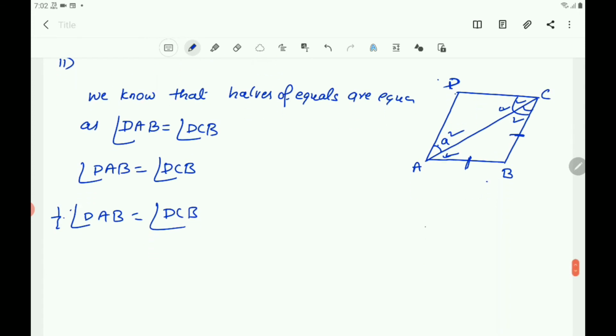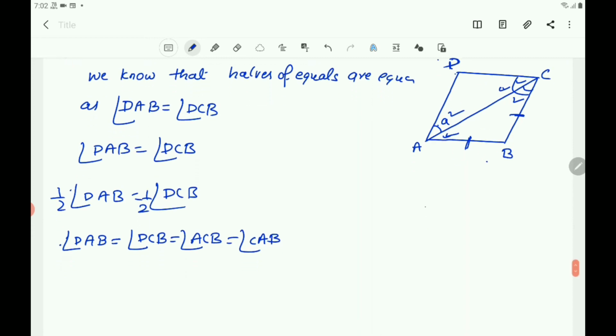Therefore, all the four angles, angle DAB equals angle DCB equals angle ACB equals angle CAB.